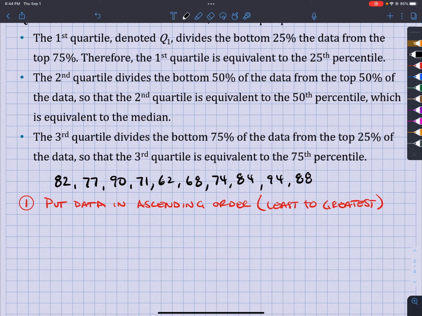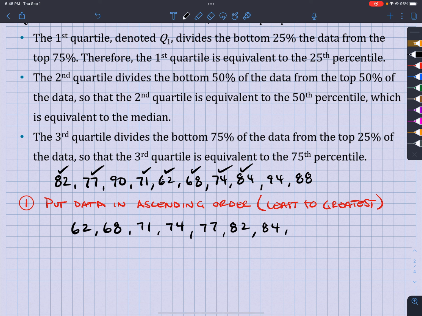I now have 62, then 68, then 71, then 74, then 77, then 82, then 84, then 88, then 90, then 94, and let's make sure: 2, 4, 6, 8, 10. So I'm still good. I still have 10 pieces of data.